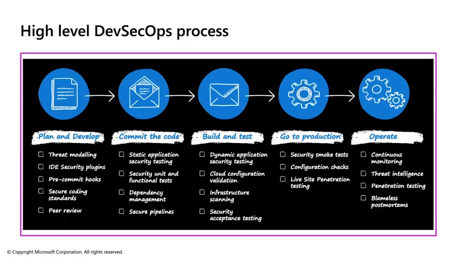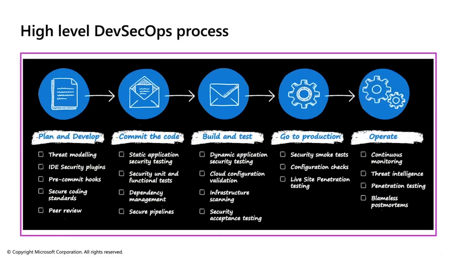If you are not directly related to development, maybe you'll be familiar with some components here, like pen testing, threat intelligence, continuous monitoring, or maybe security smoke tests. But for others, like code development, that is hidden, and this is specific to the different stages.